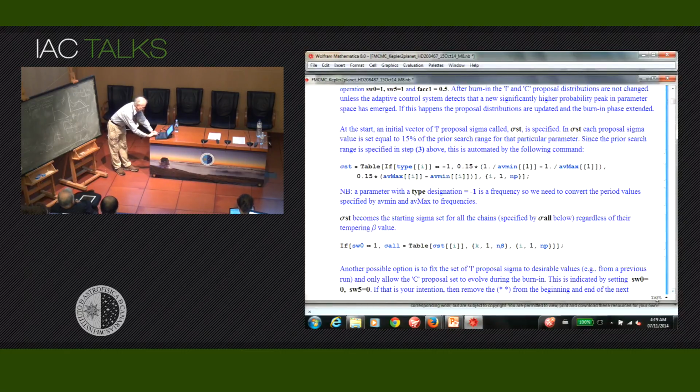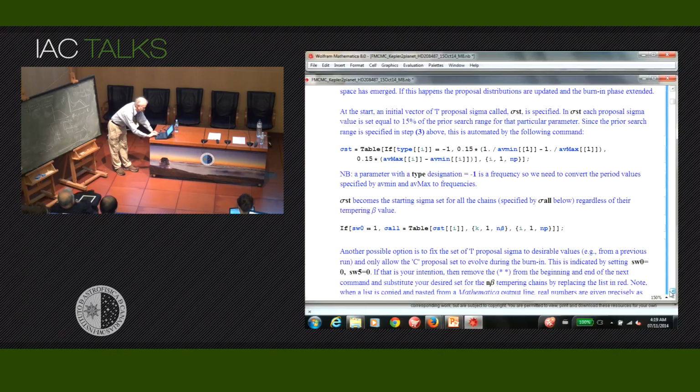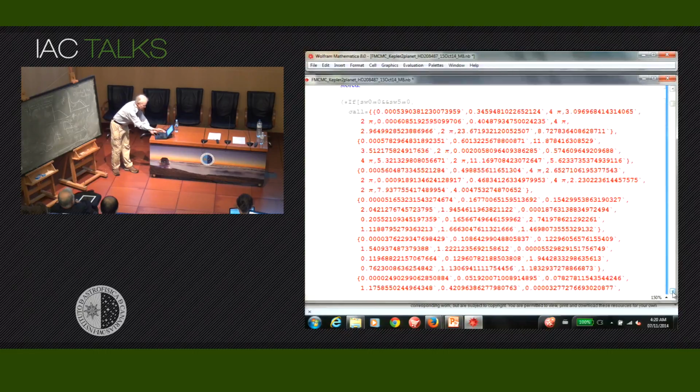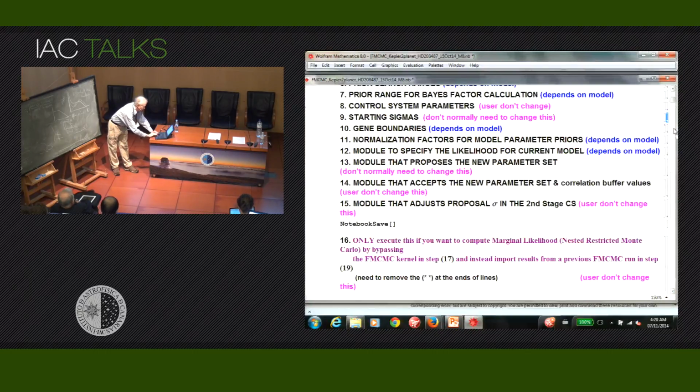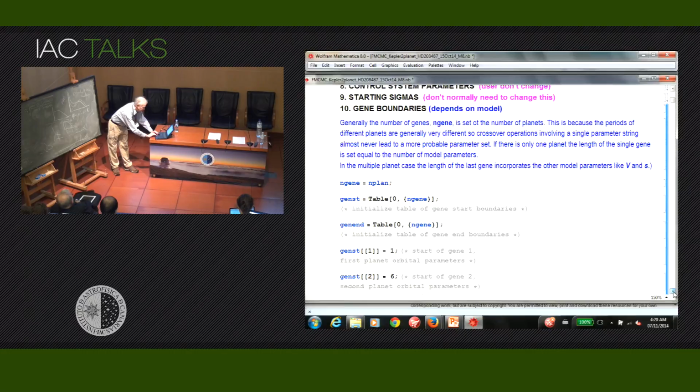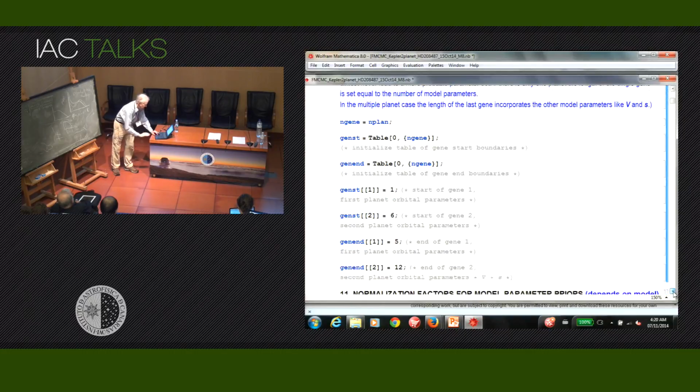Another option, though, if you've already run this program many times with this data, is you can put in the previous set of proposal sigmas that you found from the previous run. But normally that's not what happens. Then the gene boundaries. So here's where you specify your genes. I'll say a few words about that.